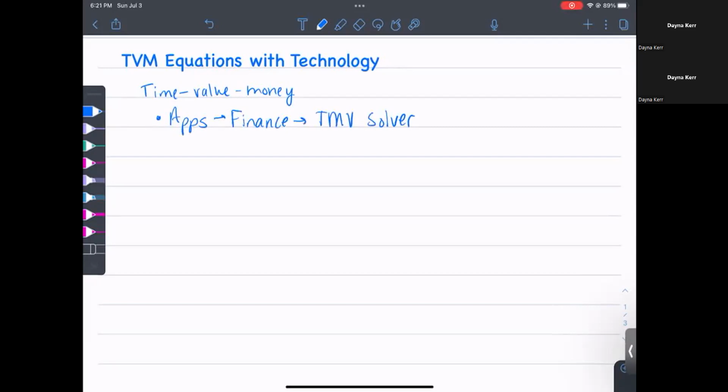Once you have it open, you're going to have a list of variables that you have to populate. And this is on your formula chart, so you don't have to have these memorized, but I do want you to write them down. That's good practice to help you know what they stand for. So you're going to have a capital N. That capital N represents the number of payments.